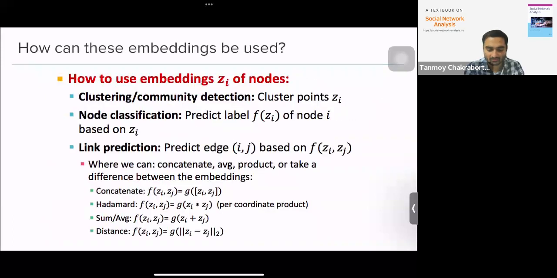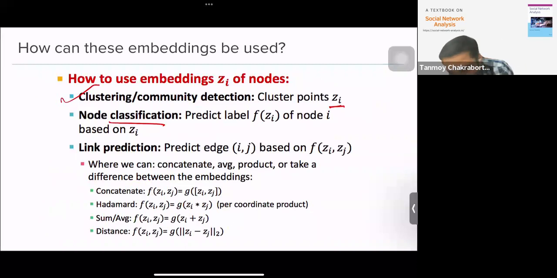So the beauty of this thing is that you can use these techniques for different applications. For example, you can use it for clustering or community detection, right? Because ultimately you will get representations of all the nodes, and you can use, say, a simple k-means type of clustering to cluster nodes. You can also classify nodes.